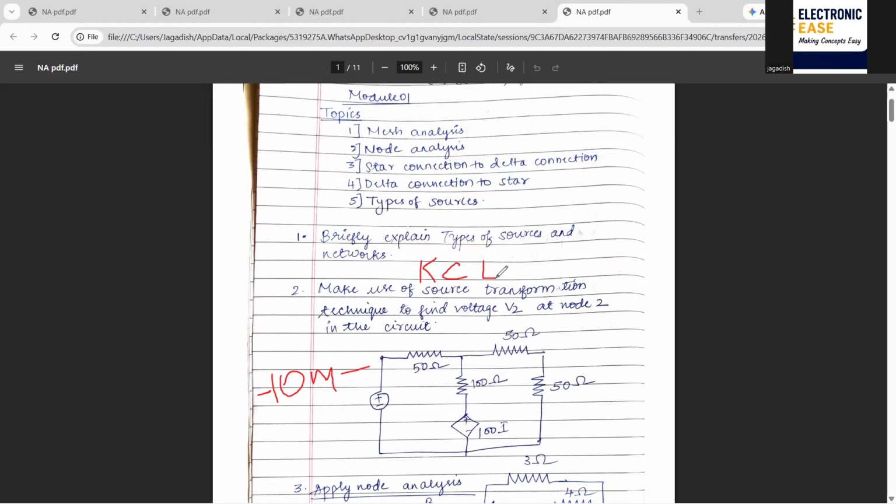See whether it is a dependent or independent source, and with a suitable transformation technique, solve the problem. There are many ways to solve it, so use whichever technique you feel is easy.